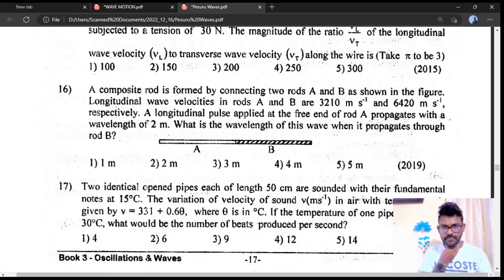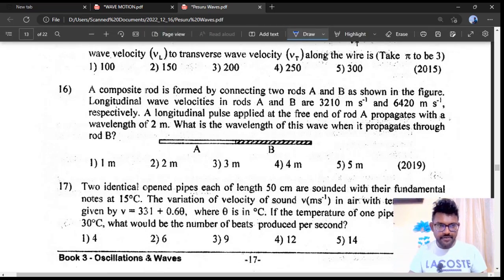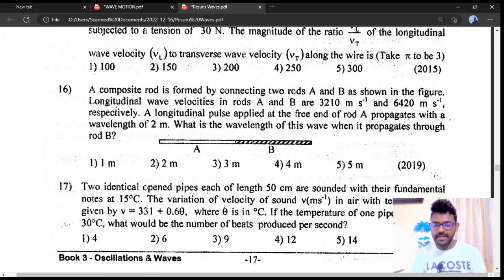Now we have two rods to consider, A and B. First we'll focus on A. The thing here is we are given the velocity and the wavelength. What's the parameter we don't know? That's the frequency. So can't we just find the frequency?